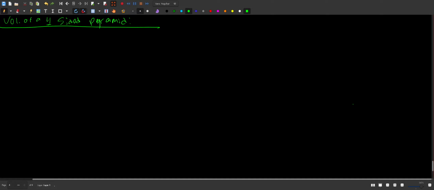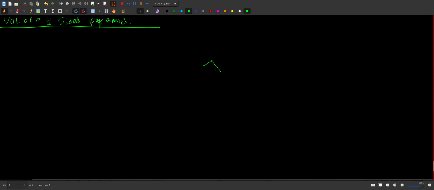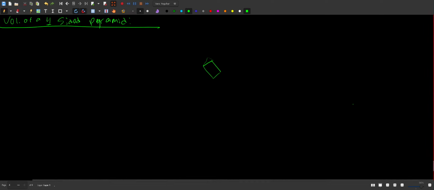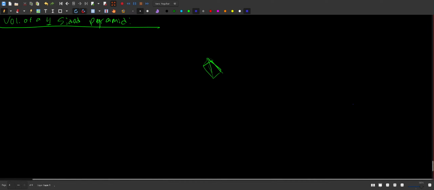Here we go. Let's see if I can draw this. This can be rectangular or square. Let's say this is just a square. Do a different color. All right. Volume of a four-sided pyramid.